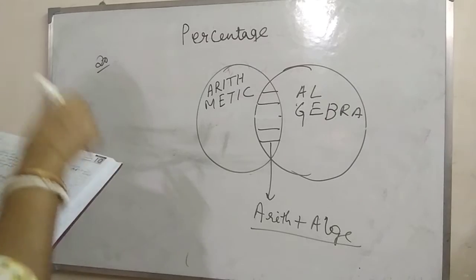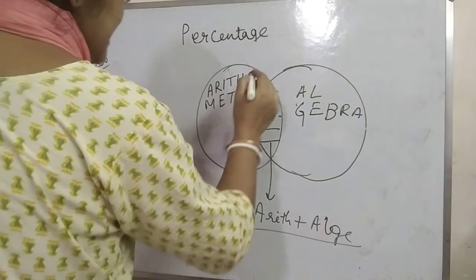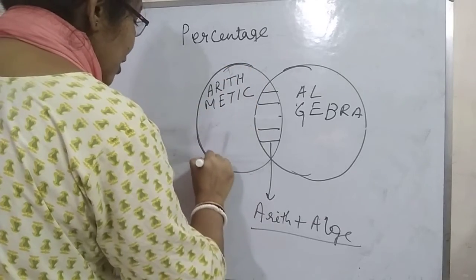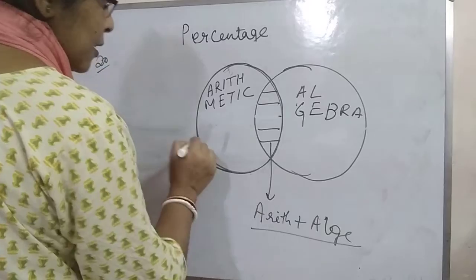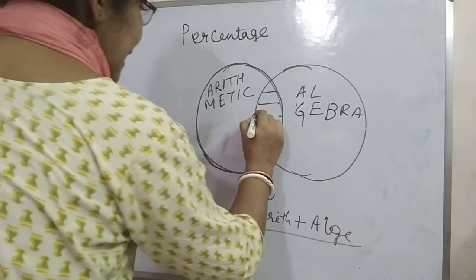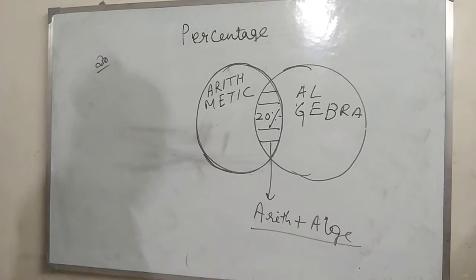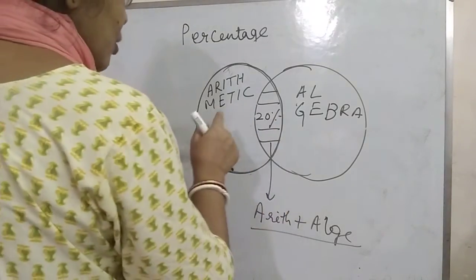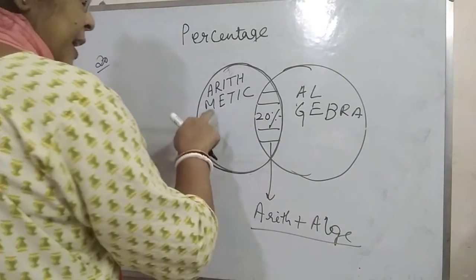The question says 34% students failed in arithmetic. This whole block is for arithmetic, and here 20% students failed in both arithmetic and algebra, and 34% students failed in arithmetic.